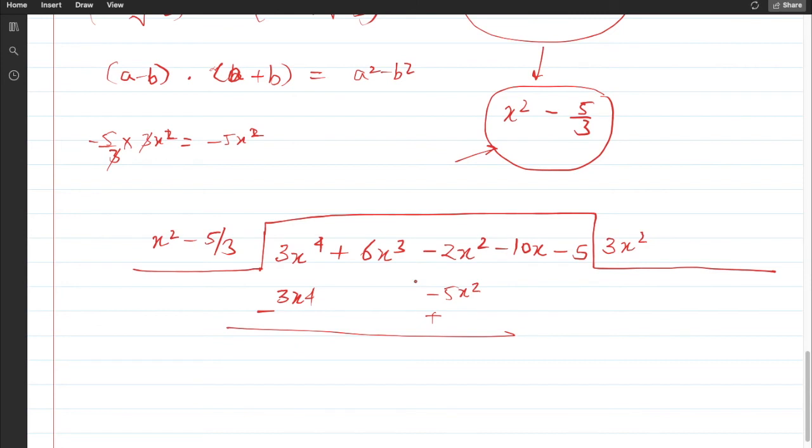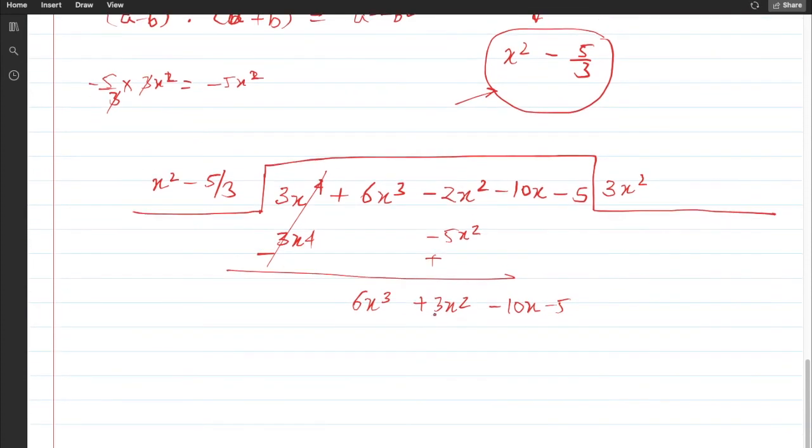Alright, yes, this will be cancelled out, and first of all you rewrite this as it is, and then this will come out to be positive 3x square, and you can bring down 10x minus 5. Alright, so now you need to multiply this first expression in such a way that it becomes equal to 6x cube.